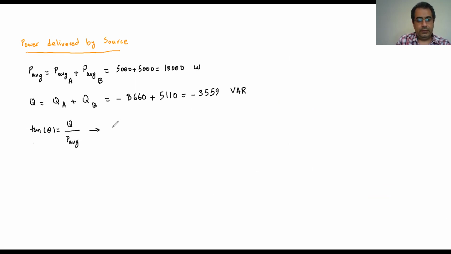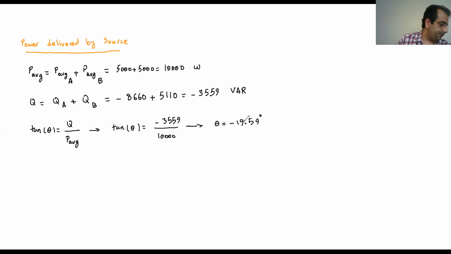So the tangent theta is the Q, which is negative 35.59, and the P average is 10,000. If I calculate the theta from this, it comes out as negative 19.59 degrees.